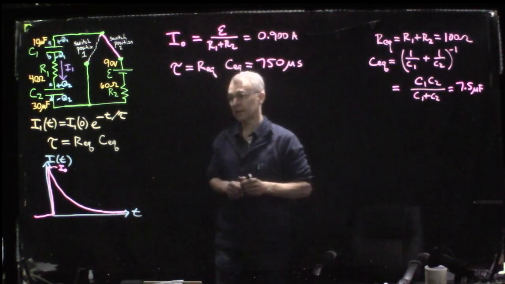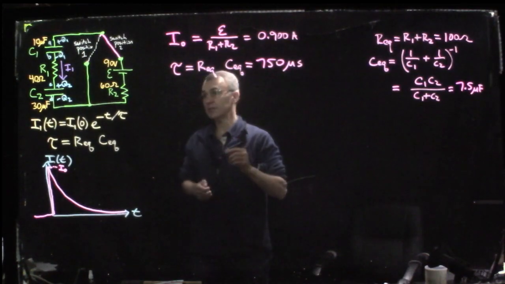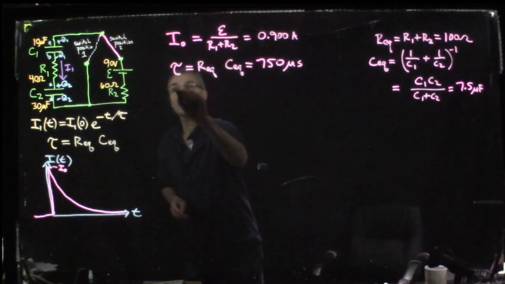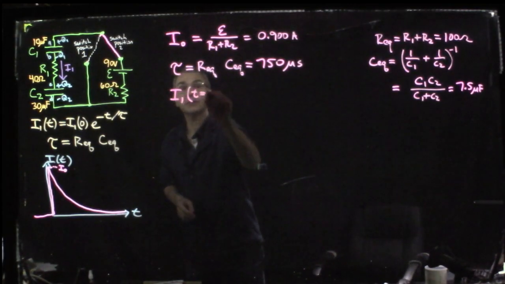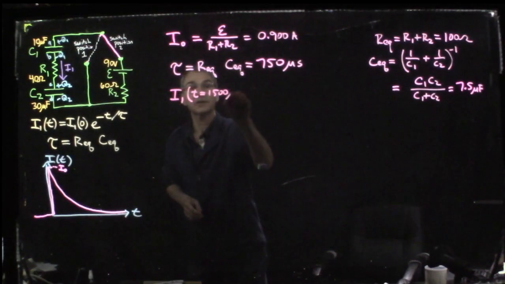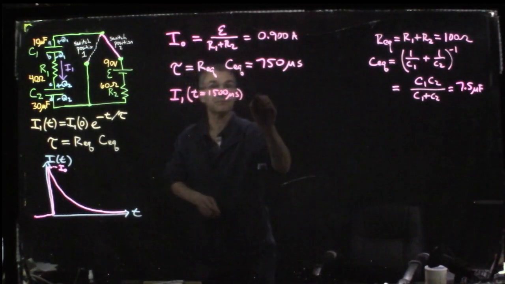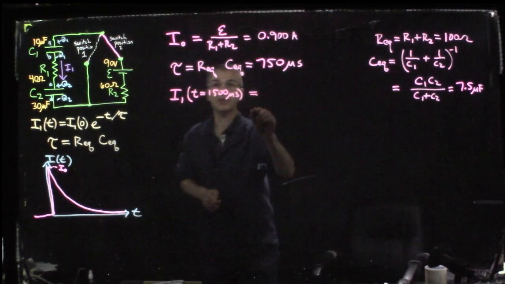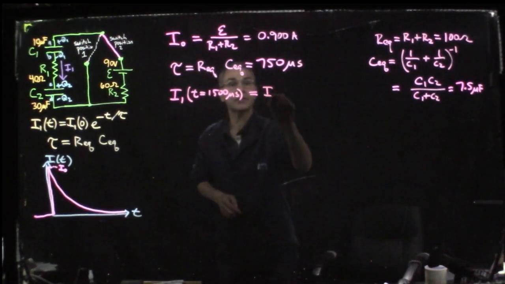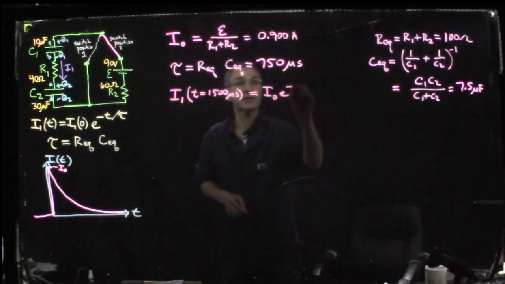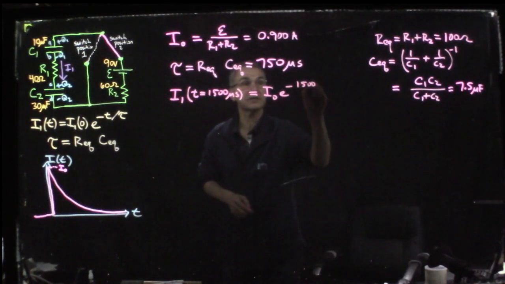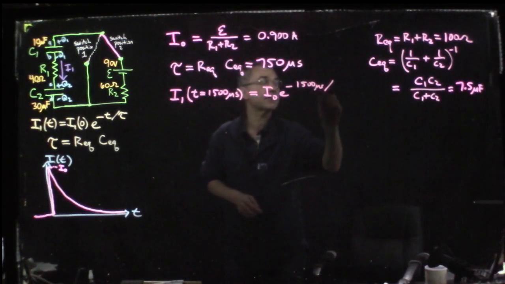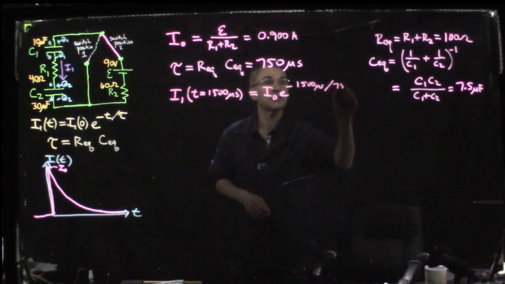So now we know that I1 at t equals 1500 microseconds must equal I0 e to the minus 1500 microseconds divided by 750 microseconds.